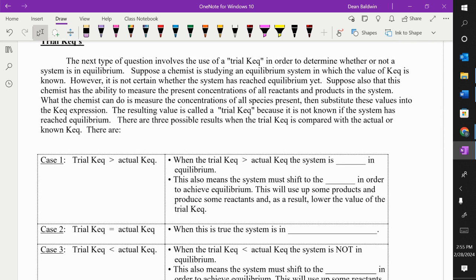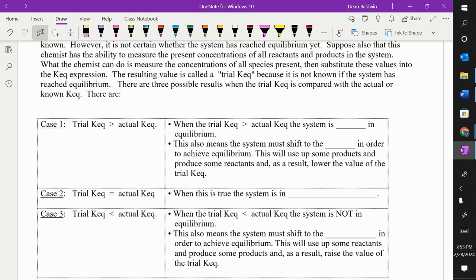And then you compare it to the actual KEQ. Okay. So there's 3 ways this works out. If the trial KEQ is equal to the actual KEQ, then you're at equilibrium. It matches. You know you're at equilibrium.